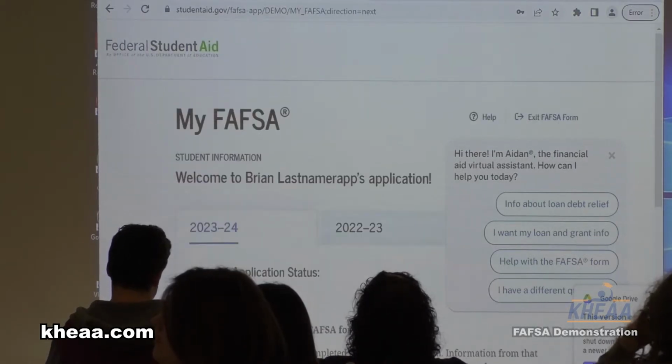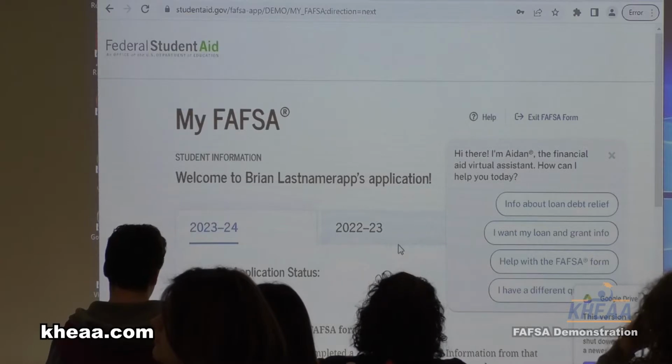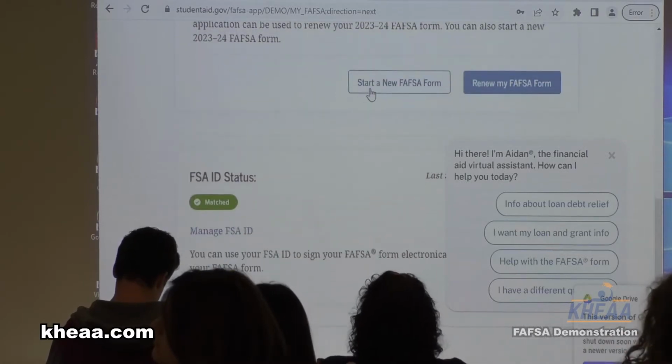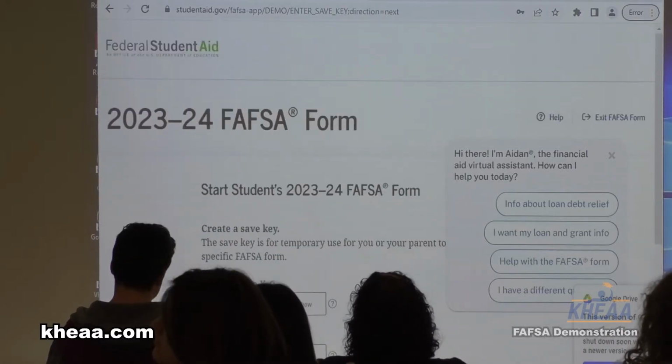And then you'll see 23-24 FAFSA form. Do not fill out the 22-23. That was last year's. But the 23-24 will be on here somewhere. And then you'll go to Start a new FAFSA form.